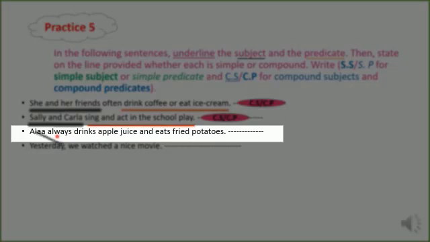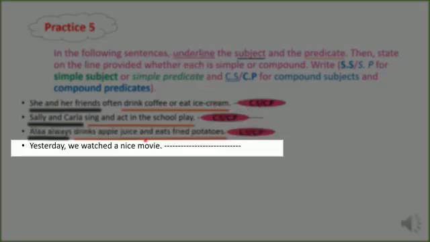Here, Hala is the subject, drinks and eats, here we have 2 verbs joined by the conjunction and, so we have simple subject but we have compound predicate. Number 4, yesterday we watched a nice movie. Yesterday, of course, this is a time expression. We is the subject, watched is the verb, so here we have simple subject and simple predicate.